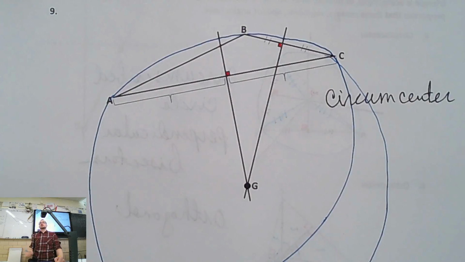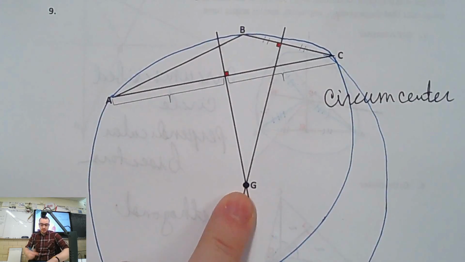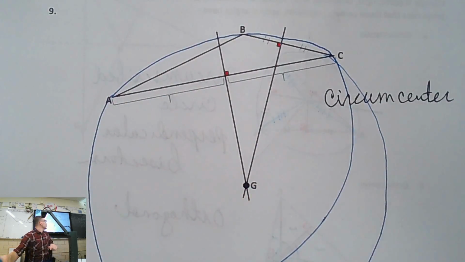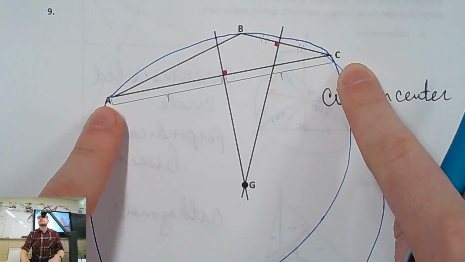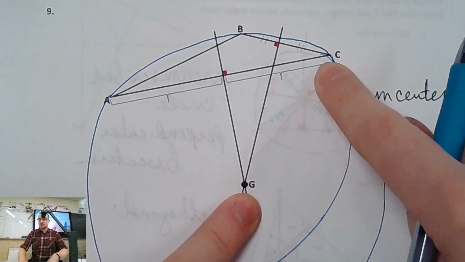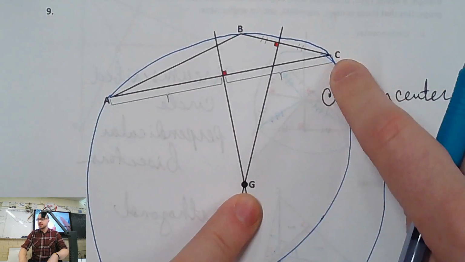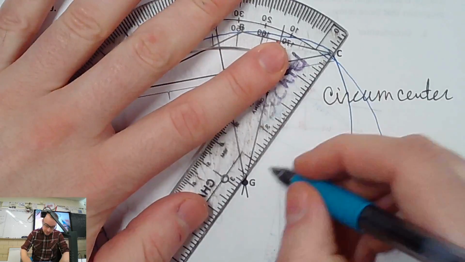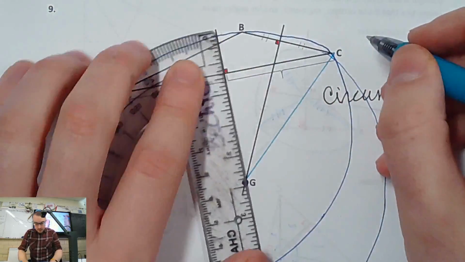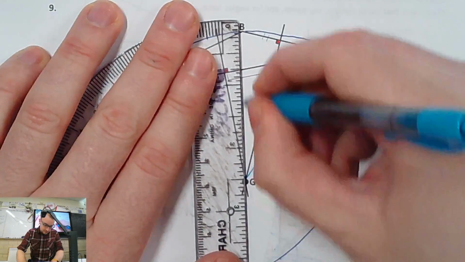If there's a circle, there should be radii. G is going to be the same distance from G to what? What are our radii? Well, aren't A, B, and C on the circle? Right? So anywhere from the center to the side of the circle should be a radius, right? And if C is on the circle, that should be a radius. So here's a radius. G to B is a radius.